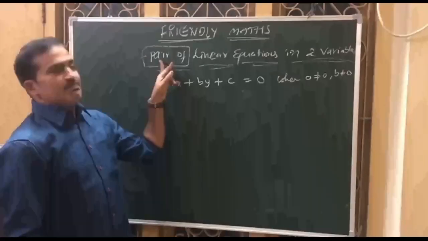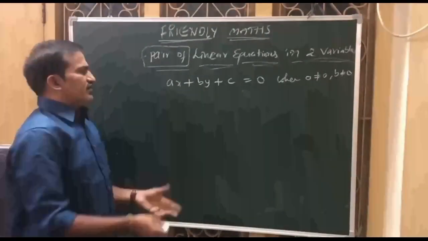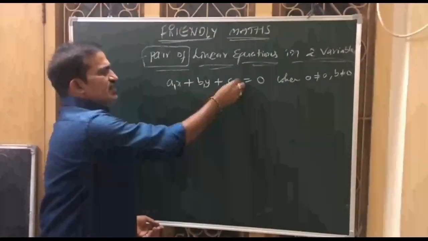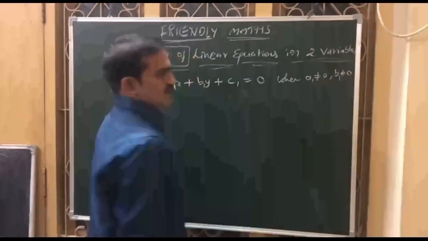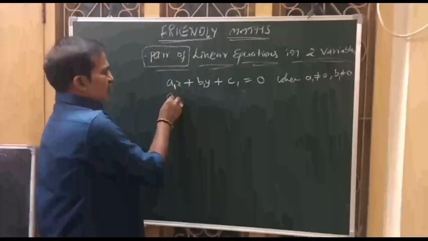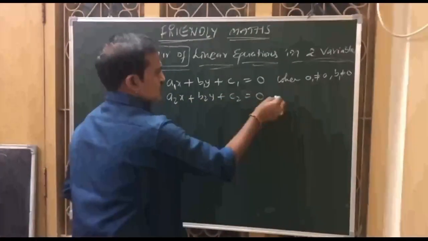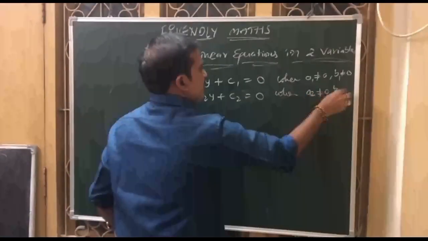But now we have a pair. Pair means two lines are there. Then you can represent the two lines as a1x plus b1y plus c1 is equal to 0, where a1 not equal to 0 and b1 not equal to 0, and a2x plus b2y plus c2 is equal to 0, where a2 not equal to 0, b2 not equal to 0.